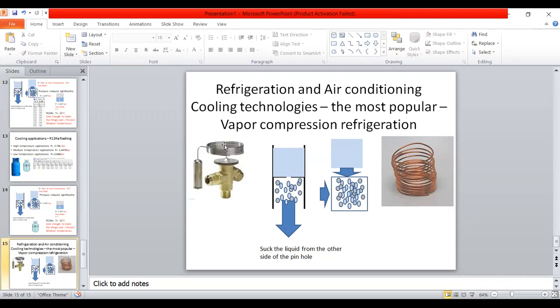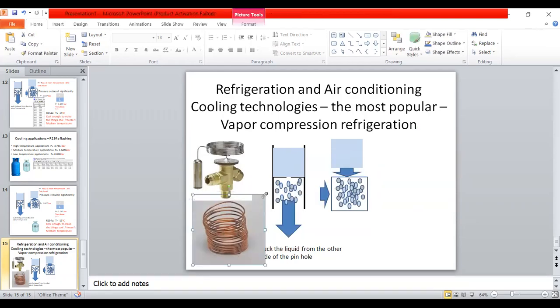So this is a key: expansion valve or capillaries, either expansion valve or the capillary, where this flashing takes place. So what makes suction? What makes suction?